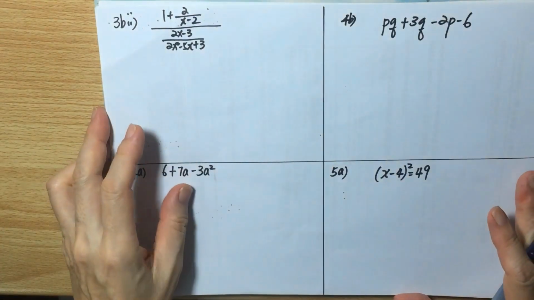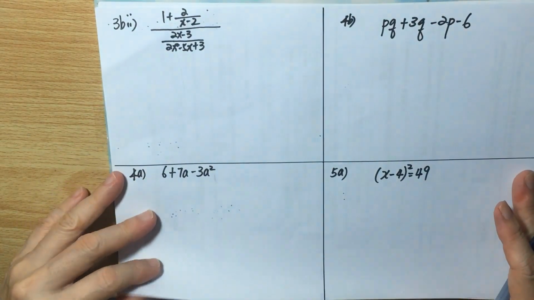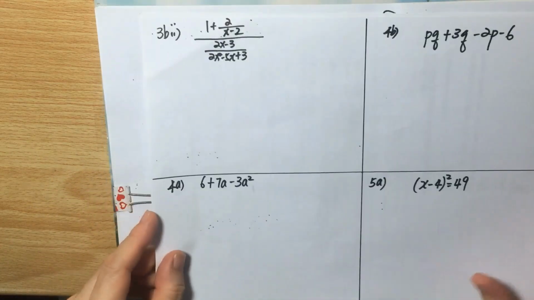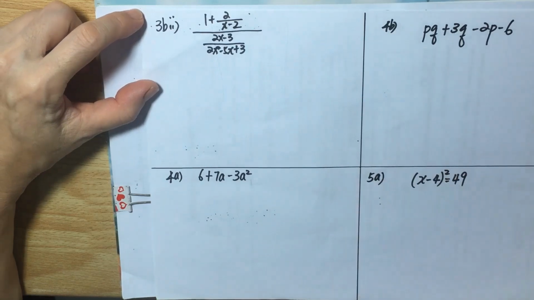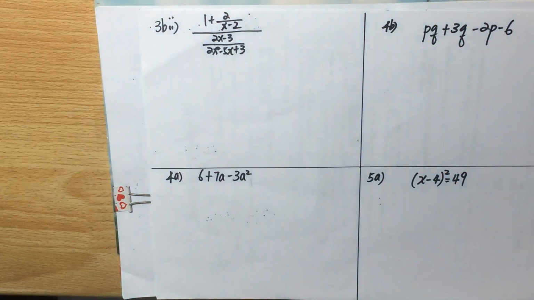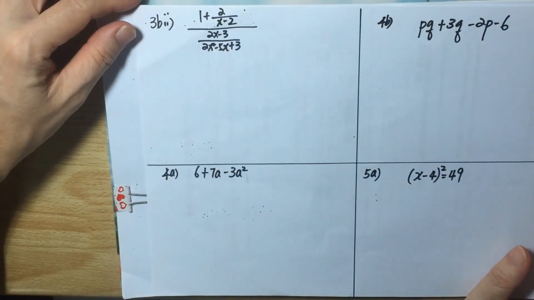Okay, question 3b, to simplify. This one looks like a rather complicated expression. Okay, so how are we going to do this question? I choose to consider the numerator combined together, then the denominator combined together.